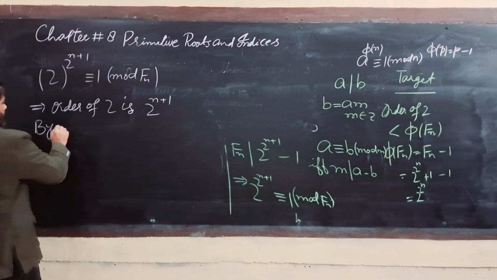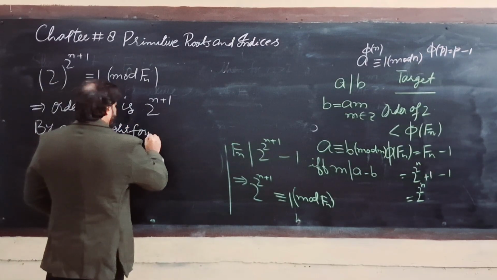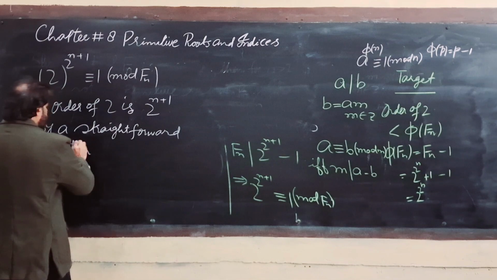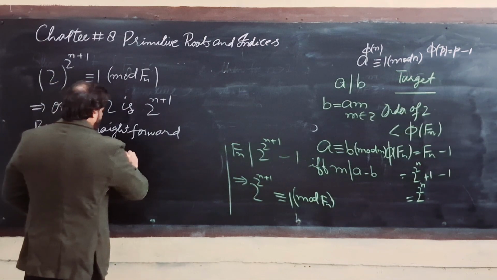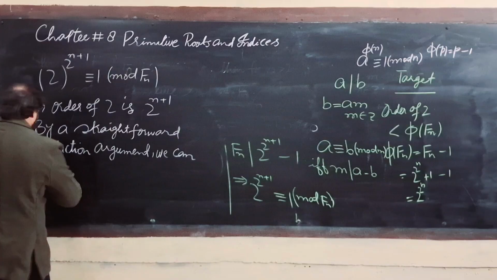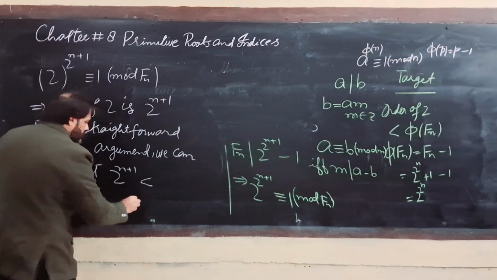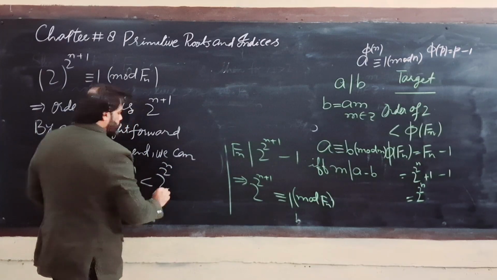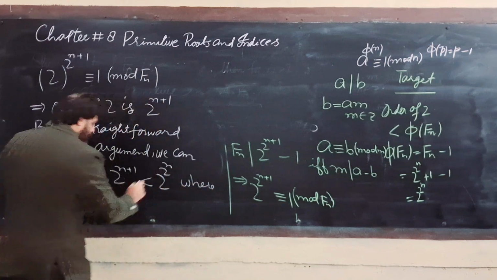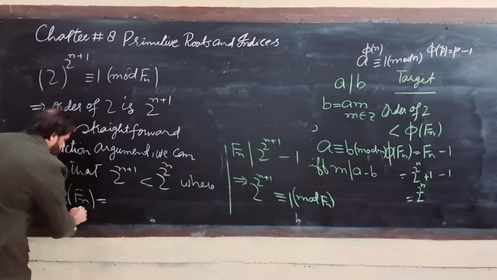By a straightforward induction argument, we can check that this number 2^(n+1) is always less than 2^(2n), where 2^(2n) is actually equal to phi of Fn.